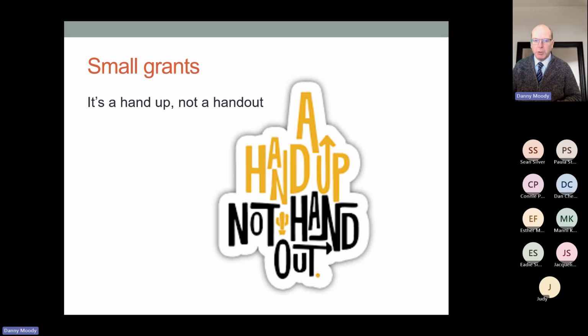Most parish councils would want to reject an application like that. What a parish council is really interested in is a hand up, an amount of money that they can give to a village or town organisation that will enable that organisation to do something that it wouldn't have otherwise been able to do.